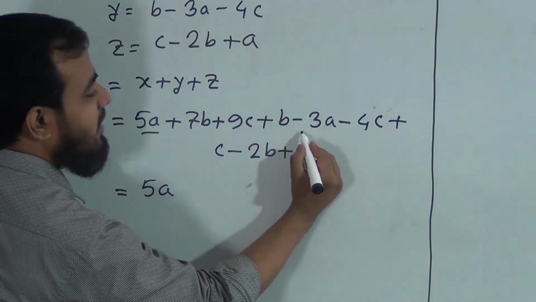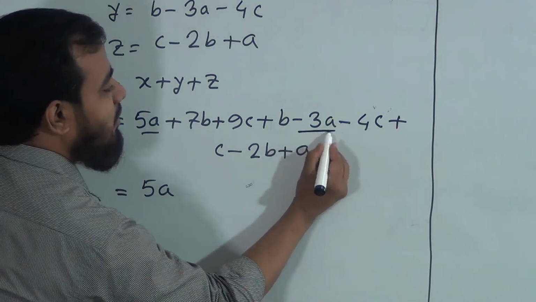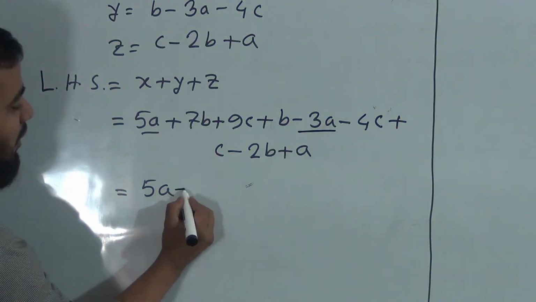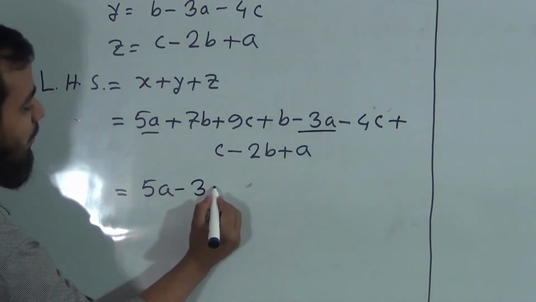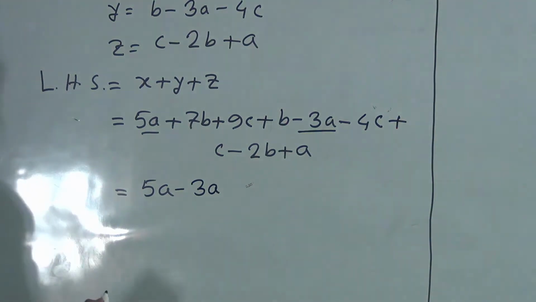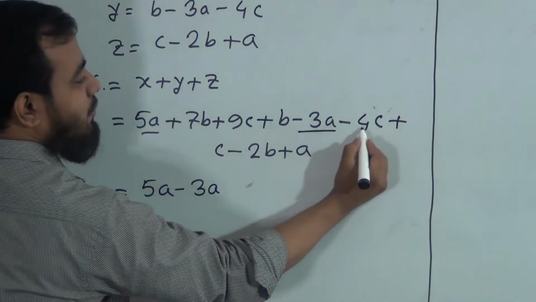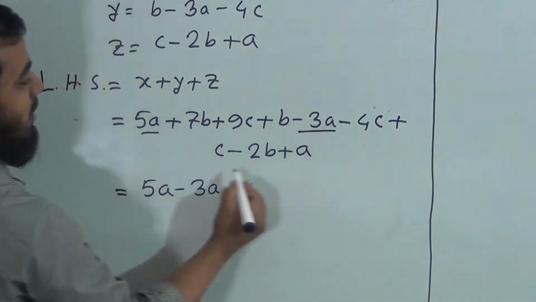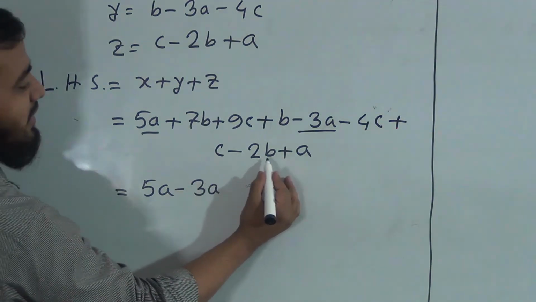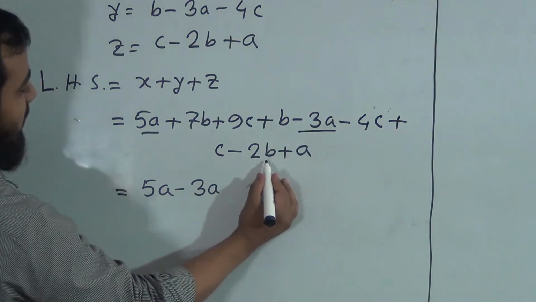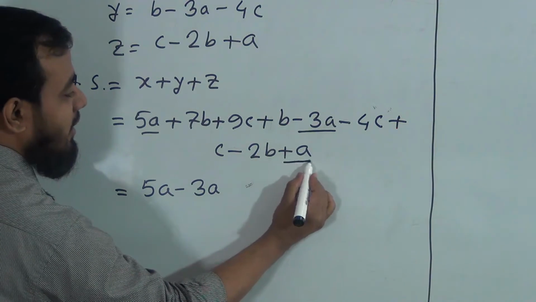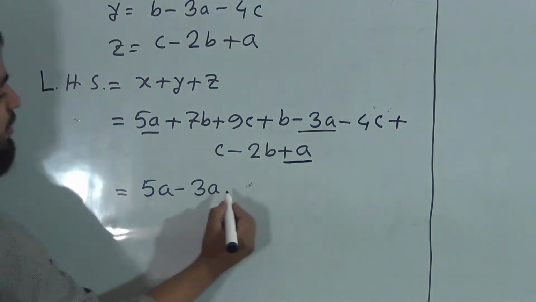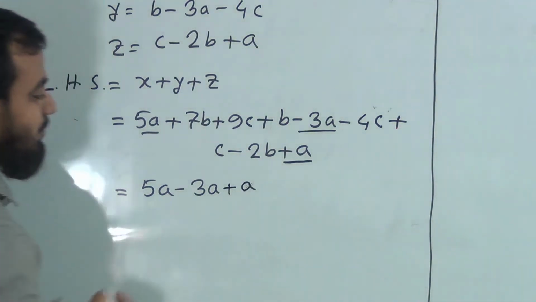But minus thrice a is a similar term of 5a. That is why we should write down minus thrice a together with 5a. Then minus 4c is not similar to 5a, plus c is also not the same, minus 2b is not a similar term, but plus a is a similar term of 5a. That is why I should write down plus a here.